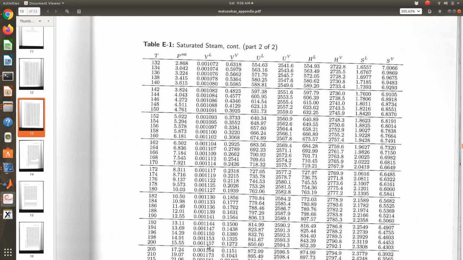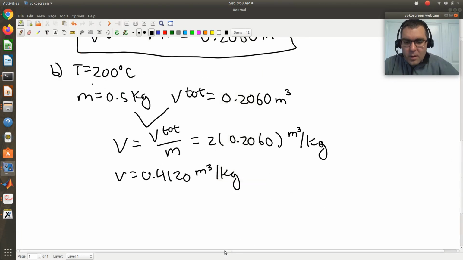Here I find the specific volume of my liquid and of my vapor at equilibrium at 200 degrees C. My vapor phase specific volume is 0.1272. My specific volume is greater than that of the vapor, so I'm going to be in the superheated vapor region.